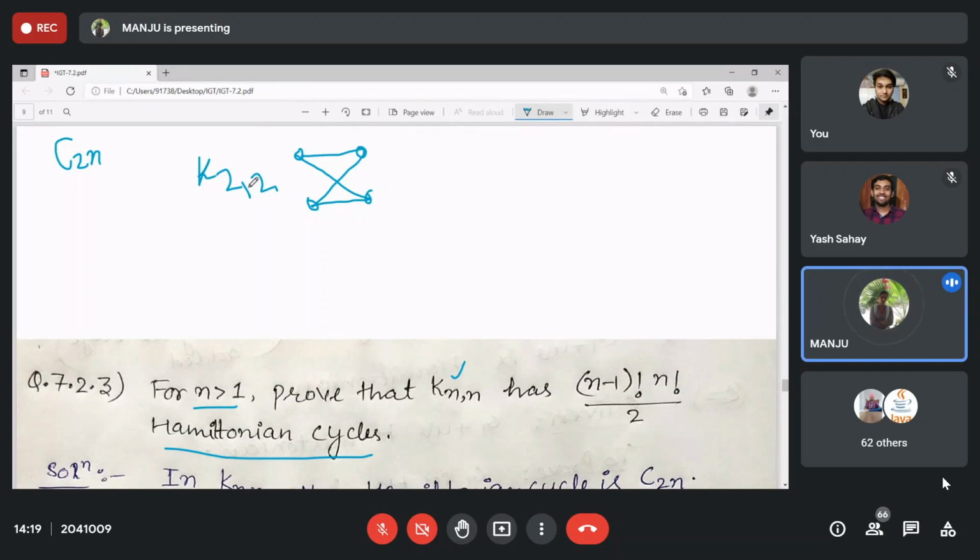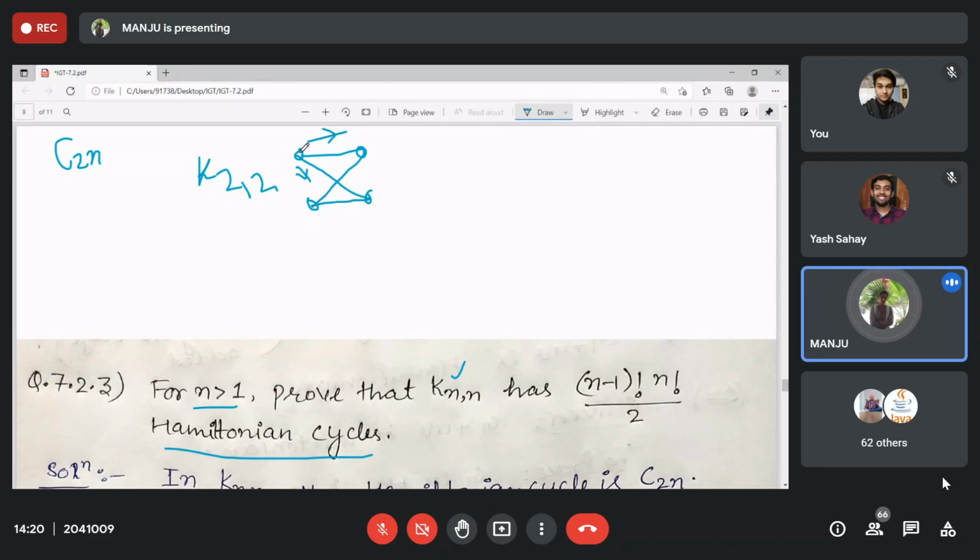Clear? So here we have this one, this one, this one, this one. Or the other way around, we can go to this one as well, right? One is this way: we start with this one, go to this one, then come back. Another is we start here, go to this vertex, then this vertex, and come back.